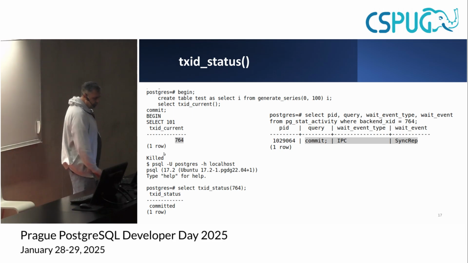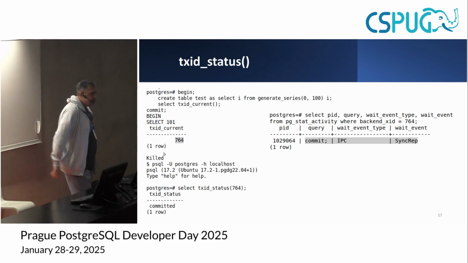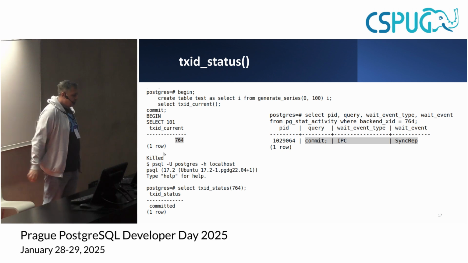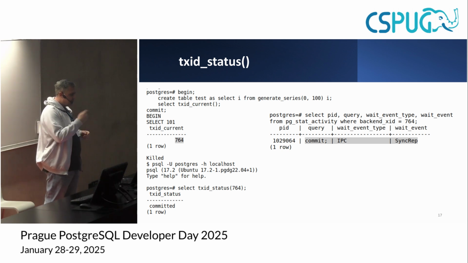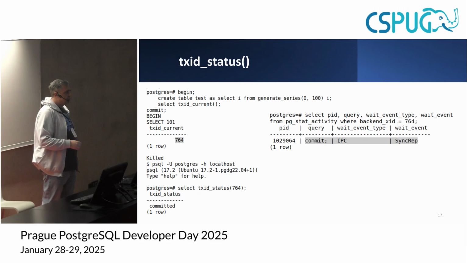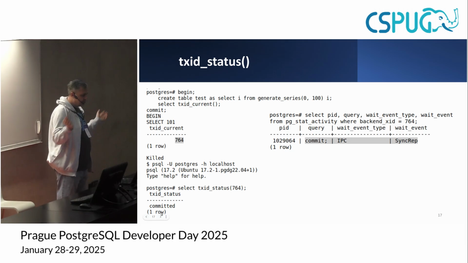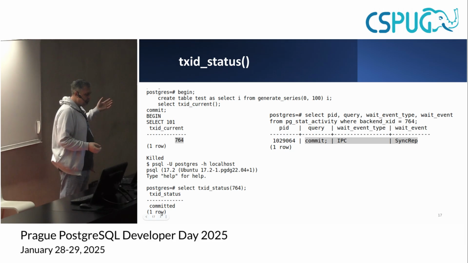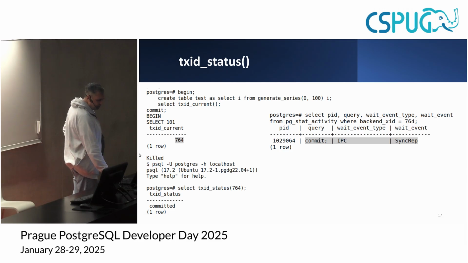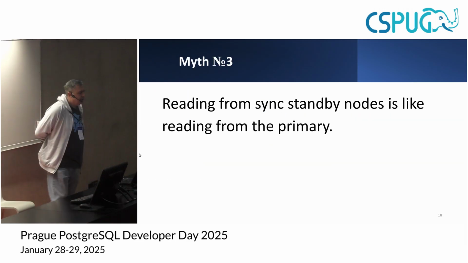In this case, I just killed my psql process and waited until Postgres realized that the TCP connection is broken. When I reconnect with psql, I'm checking the status of this specific transaction, and it says it was committed, but the client didn't receive any notification while waiting for commit. So this is the way to check that the transaction was committed.